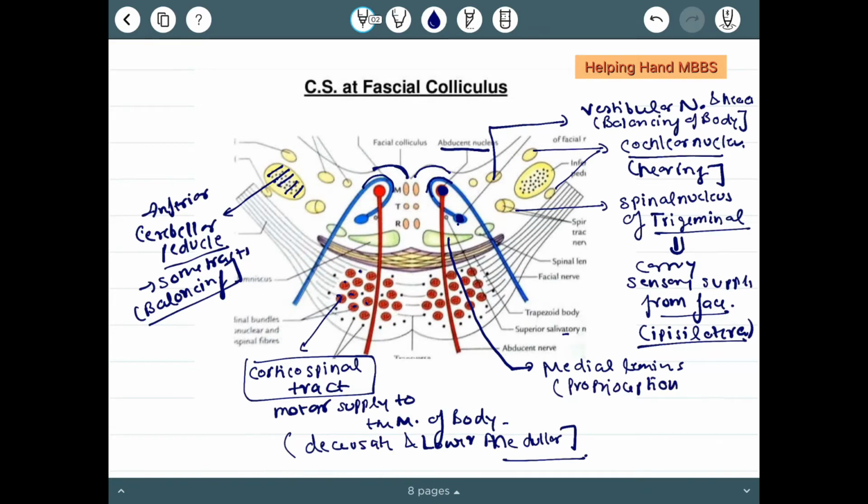It carries proprioception, vibration, etc. It is the continuation of the dorsal column, which ends on the nucleus cuneatus and nucleus gracilis at the medulla, and the fibers further arise in the medial lemniscus. What is this? This is our spinal lemniscus. The spinal lemniscus carries our spinothalamic tract, which carries pain and temperature.